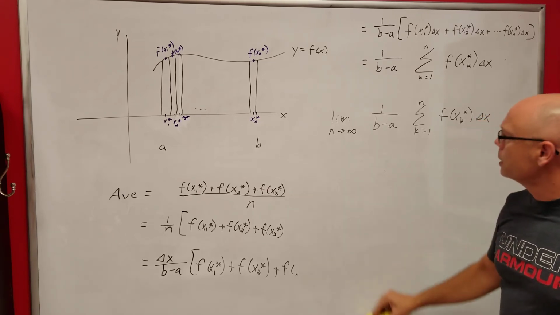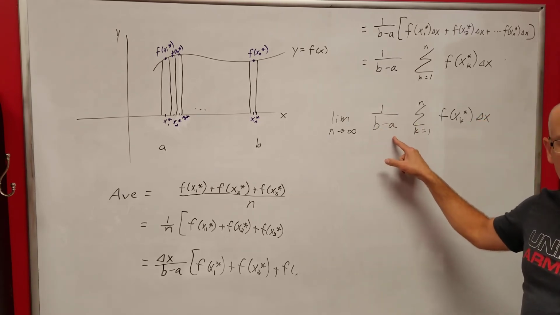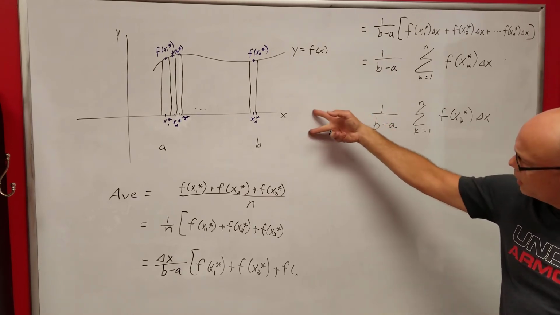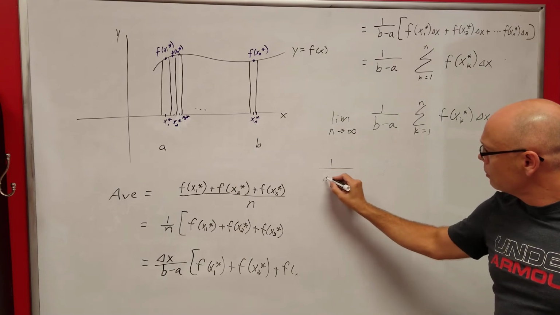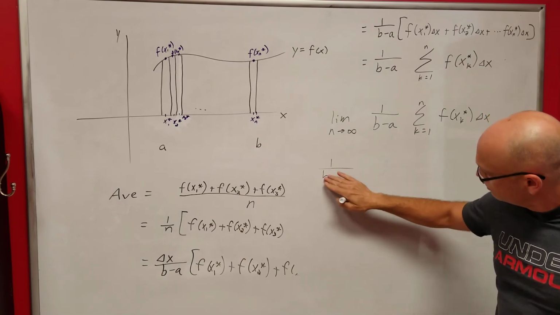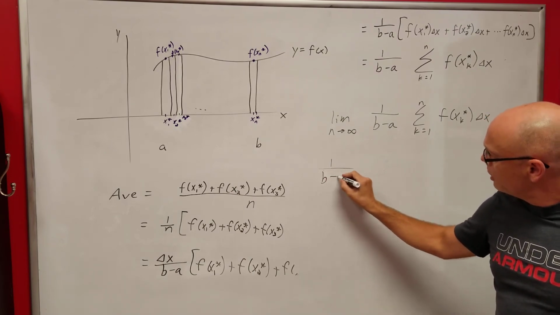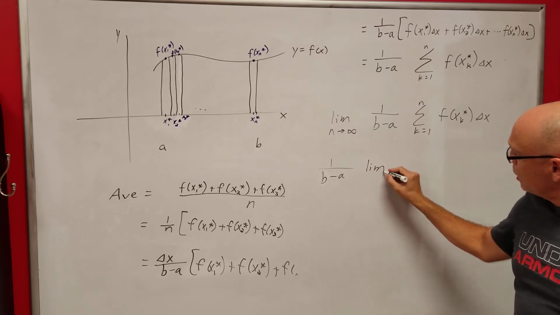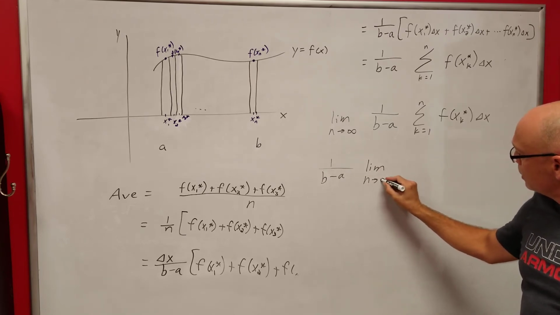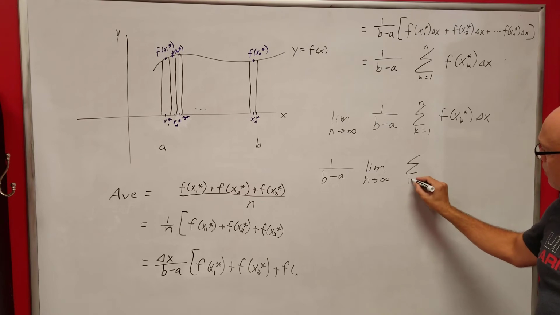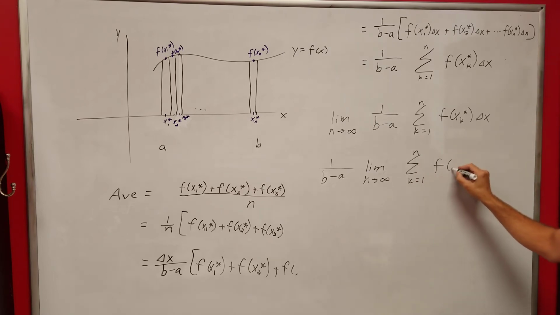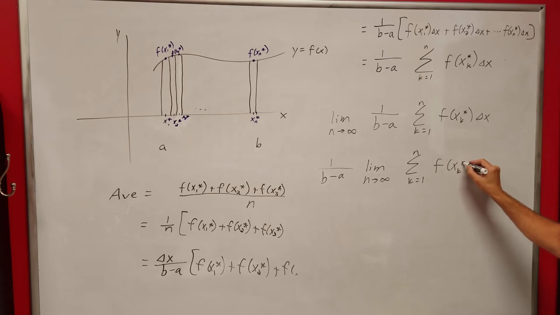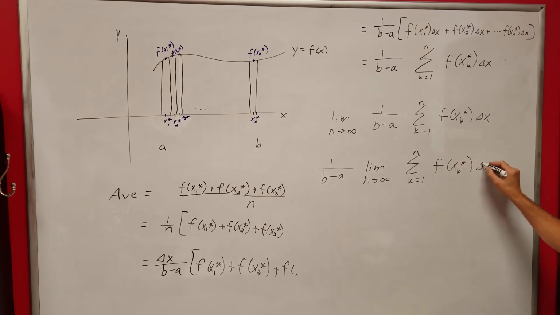And what is this? 1 over b minus a. That's just some number, so I can bring that to the outside of my limit. I can write 1 over b minus a times the limit as n approaches infinity of the sum where k starts at 1, goes to n, of f at x subscript k star times delta x.